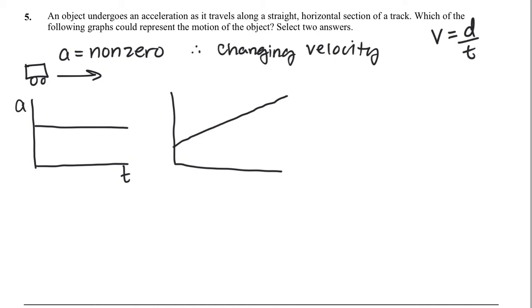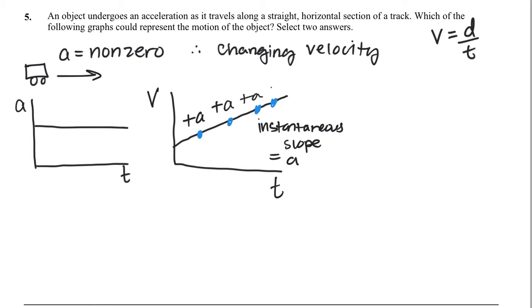So if we look back at our instantaneous points on a line, they will give us the instantaneous slope. We know that the instantaneous slope of a line gives us acceleration. So acceleration is going to be positive, positive, positive, and it's going to be at the same rate this whole time.